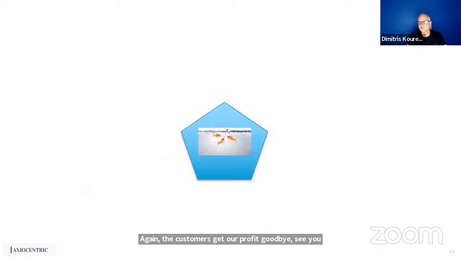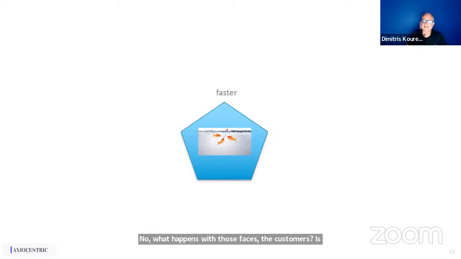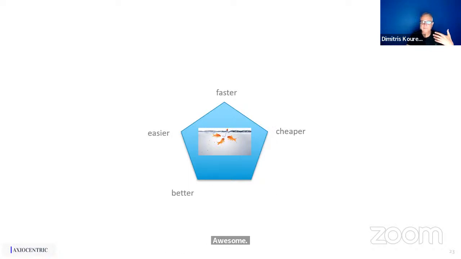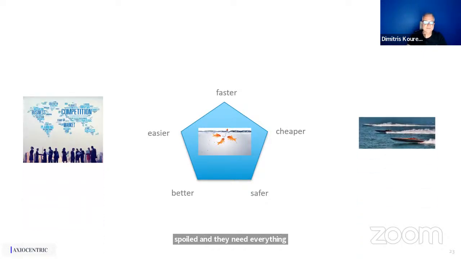Now, what happens with those fishes, the customers, is that because of competition, symmetrical and asymmetrical, they start asking everything to become faster, easier, cheaper, better, safer. They become spoiled and they need everything better than ever before. And guess what?